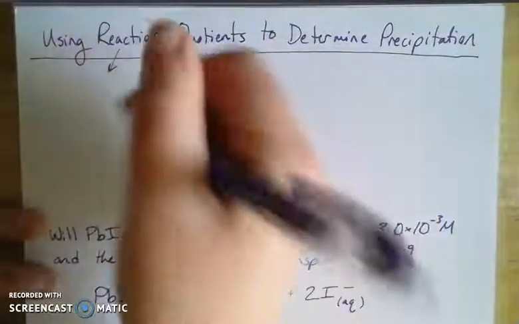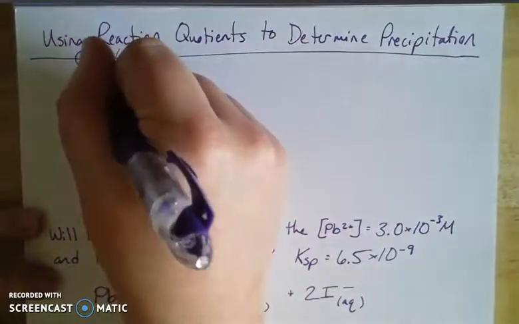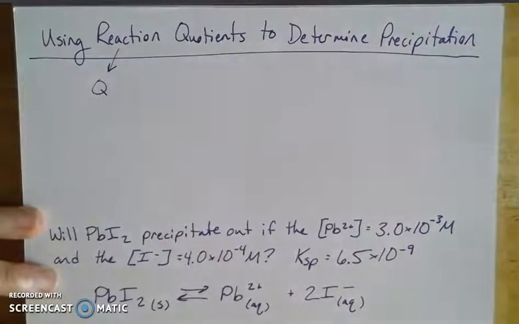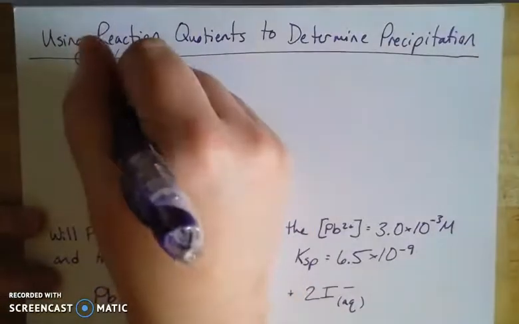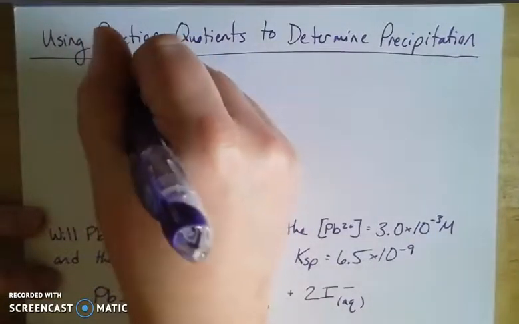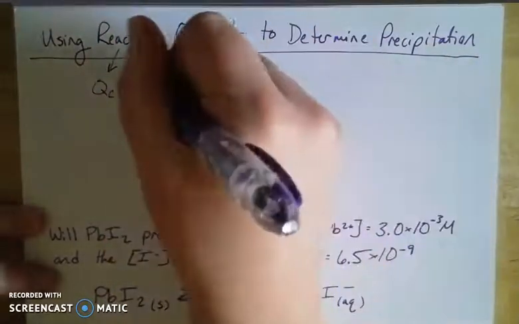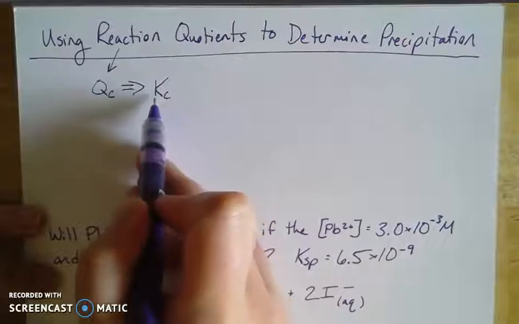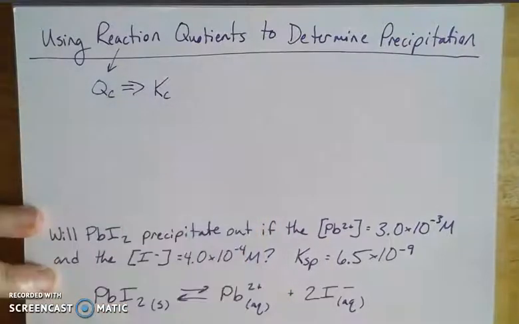So we have seen reaction quotients before with our Q values. Q can have a number of different subscripts depending on what it actually is representing. So for example, Q sub C has the same expression as Kc, right? The equilibrium constant with respect to concentration, or KEQ is another way that you often will see this.